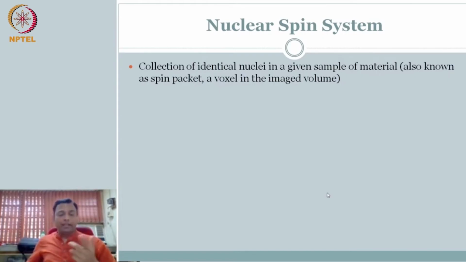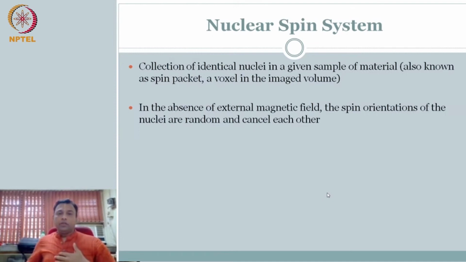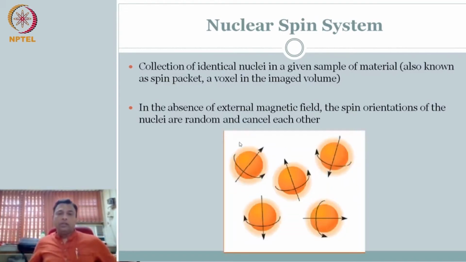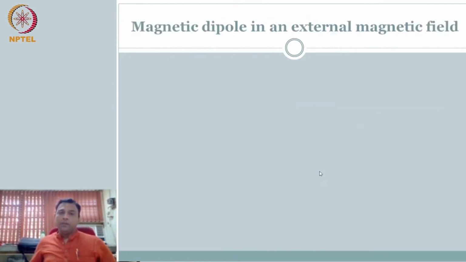In the absence of an external magnetic field, you don't have any net magnetization because it's all random and cancels each other out. Each one is spinning at a different orientation, and therefore the net sum of all the vectors, which is the magnetization vector, is going to be 0.